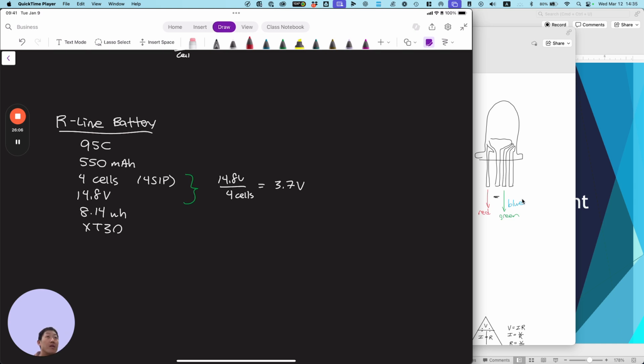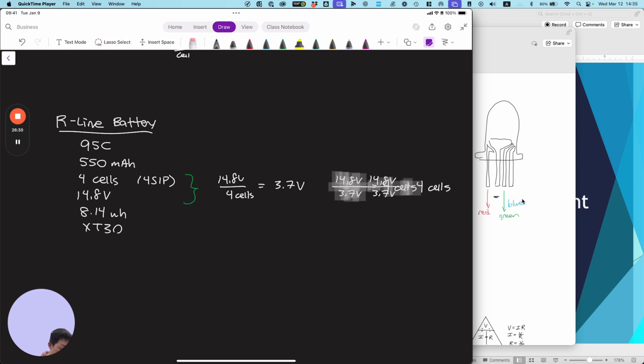If you didn't know the cells, if you just divided by 3.7, that would give you the cells. That is true, actually. If you didn't have the cells, let's say you had 14.8 volts, you could divide by what we know to be a nominal 3.7 volts, and that would give you 4, the number of cells. So, very good. That's another way to tell.